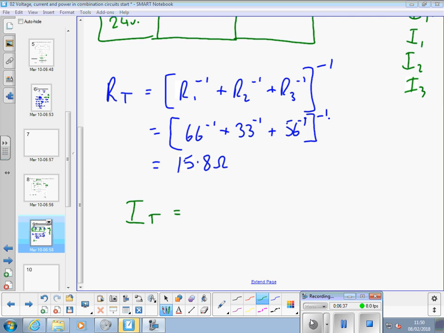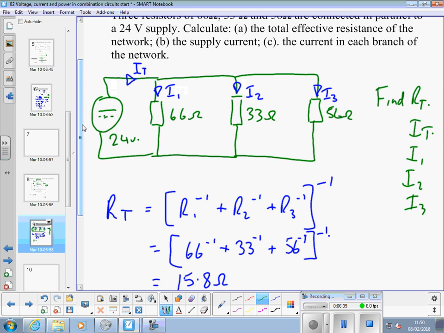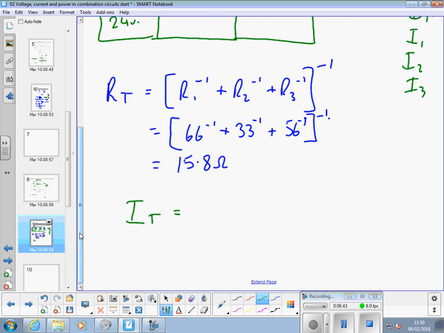From what we know, E over RT. 24 over 15.8 equals. It's a matter of breaking the problem down step by step, finding the next available thing.